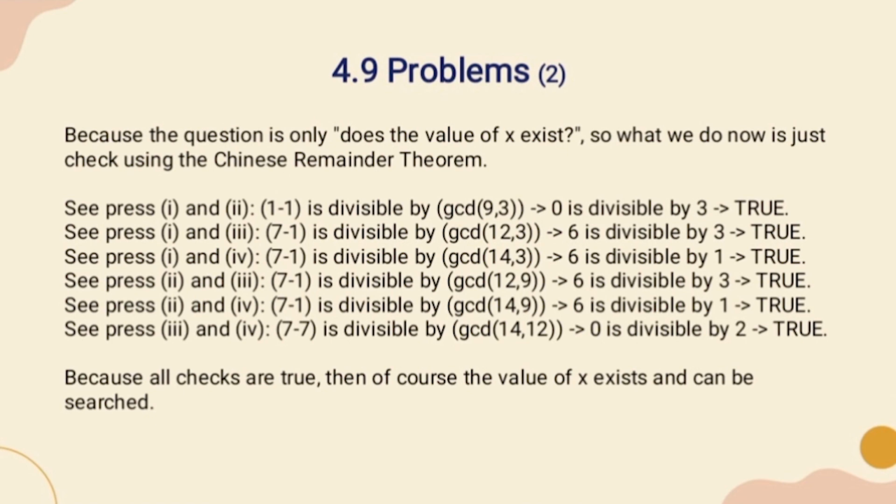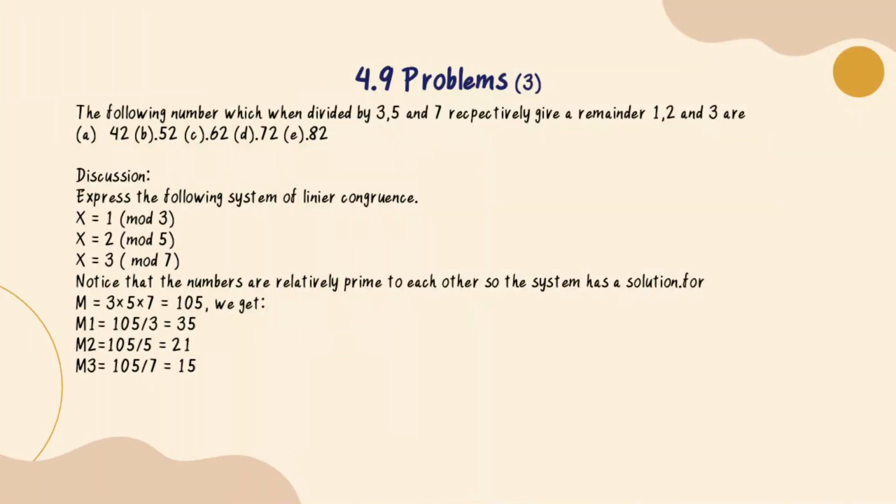Thank you. The next material is Problem 3. The following number, which when divided by 3, 5 and 7 gives remainders 1, 2 and 3 respectively, is: A 42, B 52, C 62, D 72, E 82.